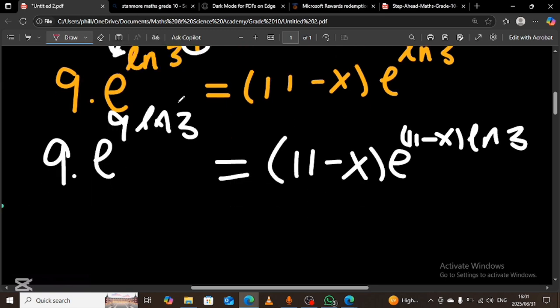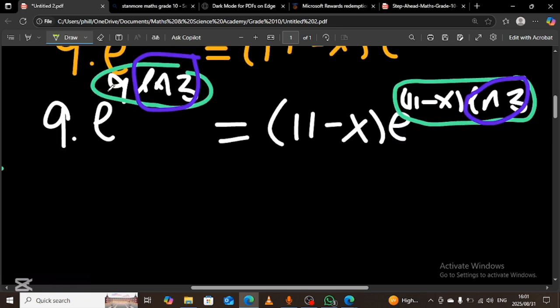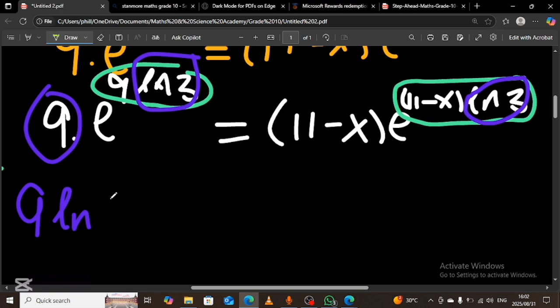So now there's this trick that we want to use. Remember, what you do on the left hand side, you have to do on the right hand side. So we want to have ln 3 on the left hand side and also ln 3 on the right hand side, so that the numerators and the denominators can be the same. So we're going to multiply by ln 3 both sides. So we're going to say 9 times ln 3.